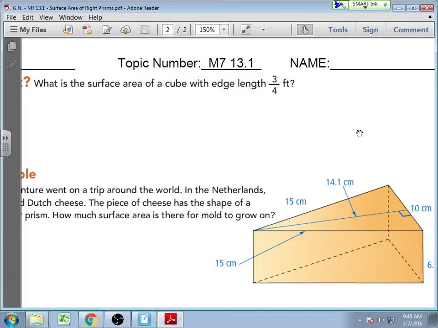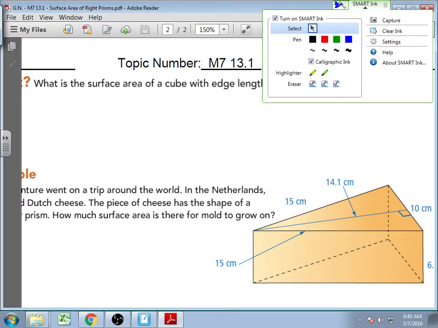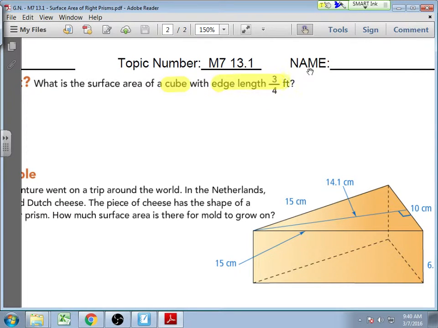What about when they don't give us a picture? If they just tell you, hey, it's a cube and its edge length is 3/4 of a foot. Now be careful. 3/4 of a foot, less than 1. Numbers that are less than 1 start to get a little weird. Do the math written out.